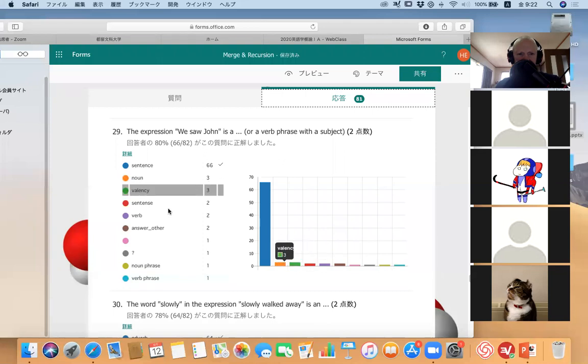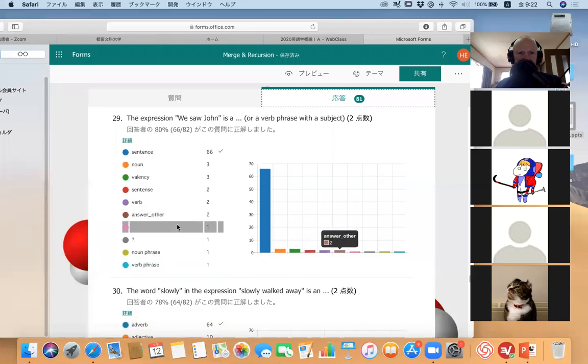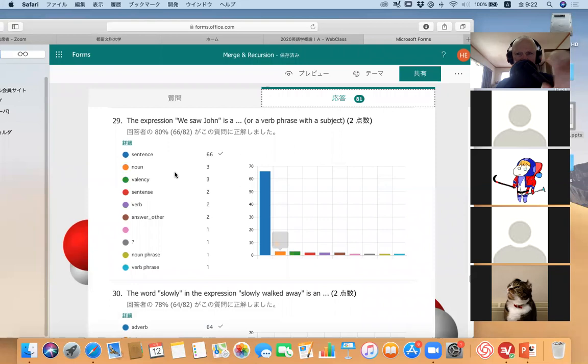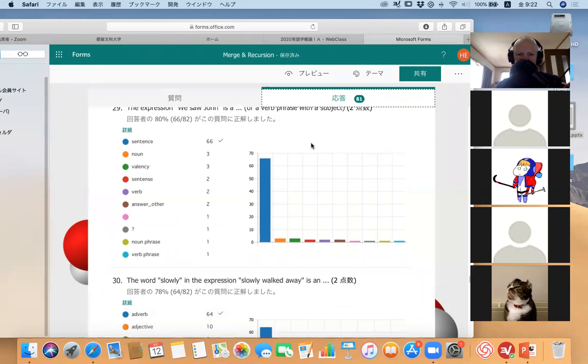If you've got these wrong, you might want to do these again. We saw John is a sentence, or a verb phrase with a subject. So a sentence is a verb phrase with a subject. I'm going to keep saying that. For some reason, people go crazy when I say it, but it's true, right? A verb phrase with a subject, that's a sentence.